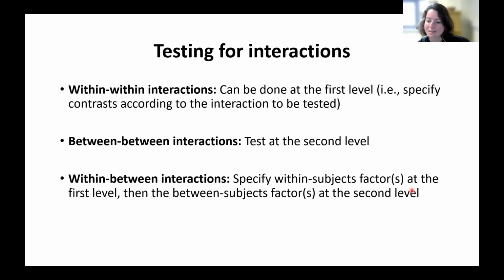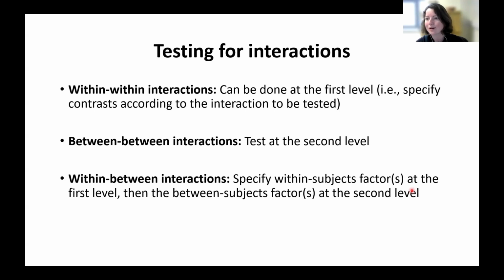Now, for between interactions, you have to do the test at the second level because a single participant does not have all the conditions. But the same logic applies where you can calculate the difference between differences to test whether there is an interaction. For between interactions, for example, a design where you want to look at condition differences between patients and controls.